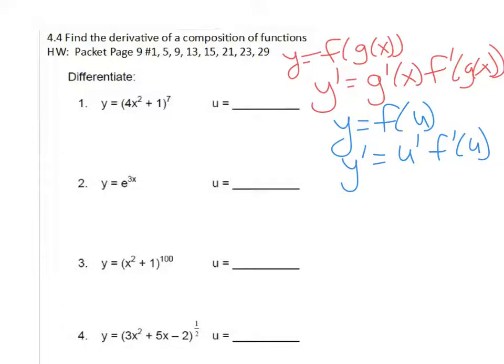So we'll do that for number 1. We look at this equation, we have 4x squared plus 1 to the 7th. So for u, we're going to think of that as the inside function. That's the 4x squared plus 1.